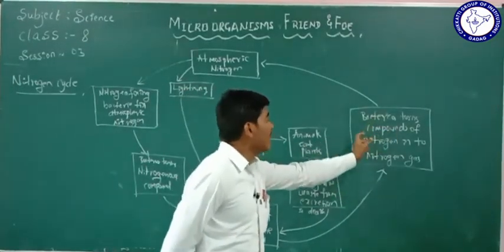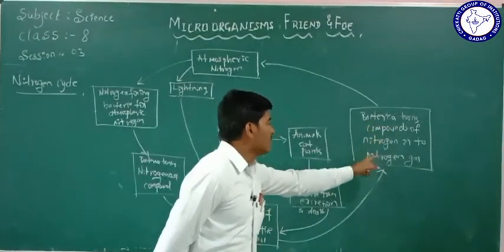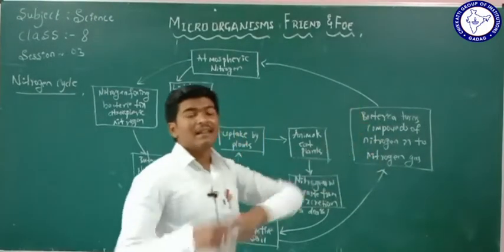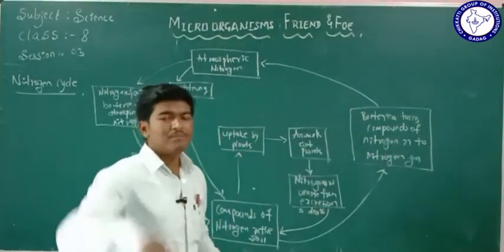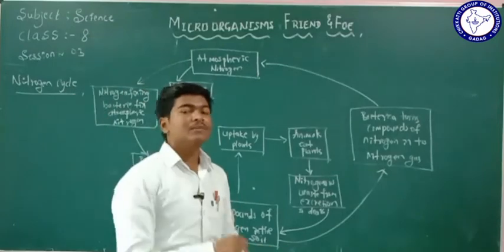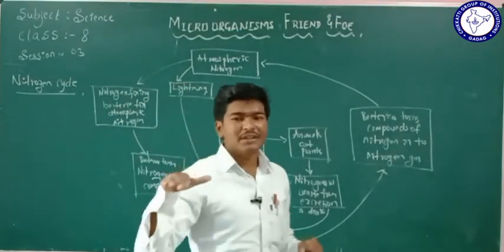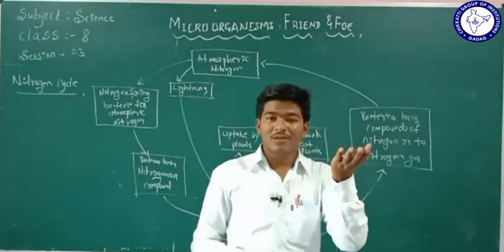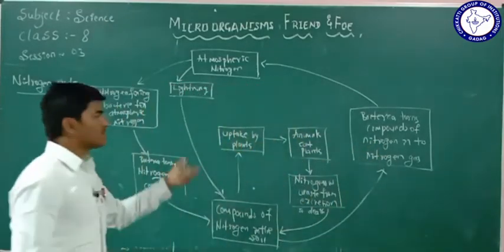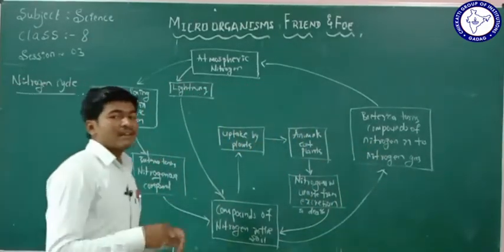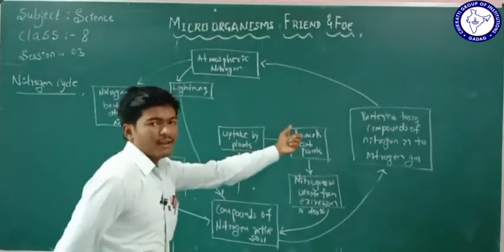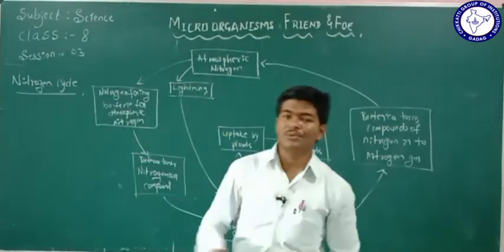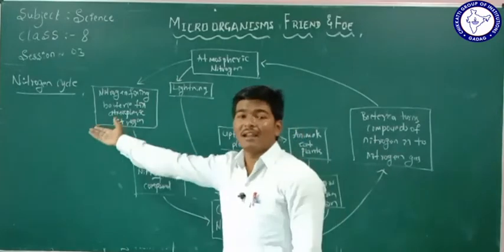The bacteria turn the nitrogenous compounds into nitrogen gas. Again that nitrogen gas comes towards the atmosphere, and the percentage of nitrogen gas in the atmosphere is balanced. Have you understood? This is the nitrogen cycle, which is cycled by the use of bacteria. It is one of the most important uses of bacteria, in nitrogen fixing.